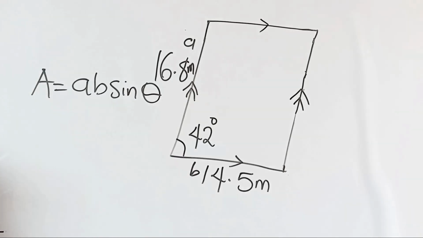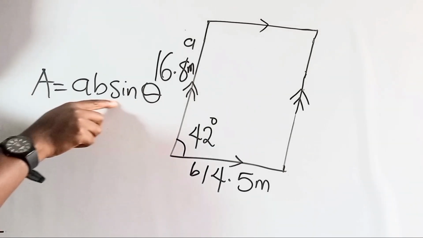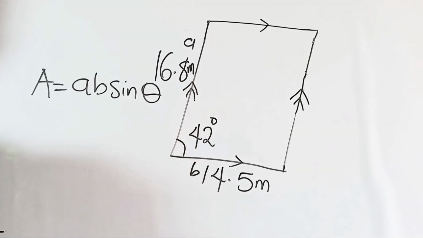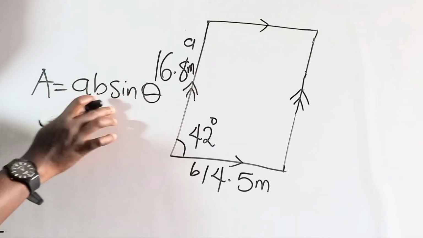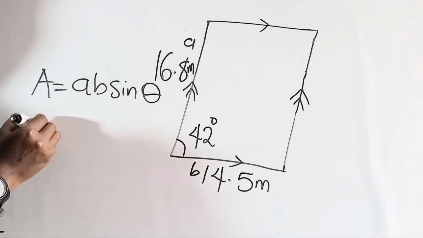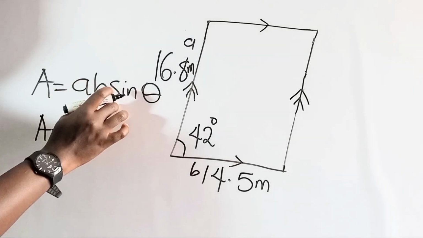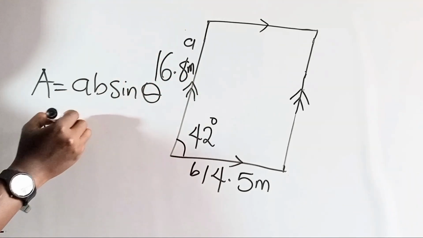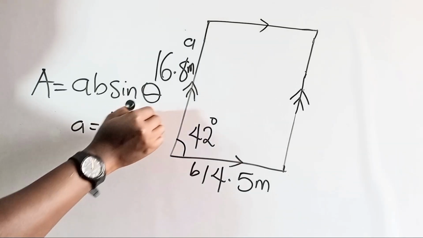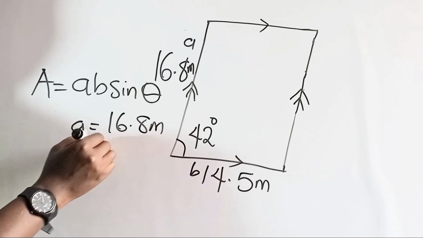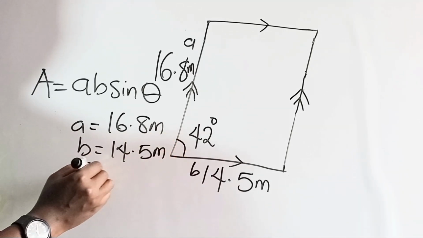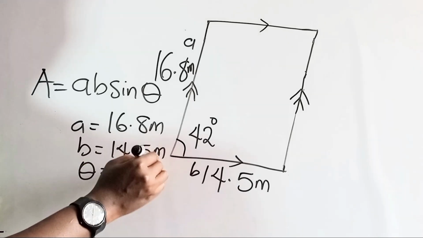One thing I want you to take note of is that the angle is always sine. You don't use cosine, you don't use tangent. For this formula, when you have a given angle in a parallelogram, this is the formula to use. So now we have side A as 16.8 meters, B as 14.5 meters, and we have the given angle as 42 degrees.